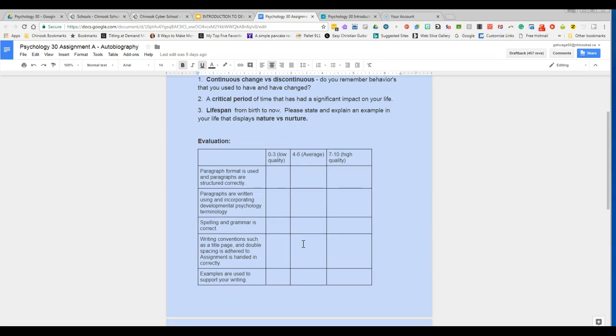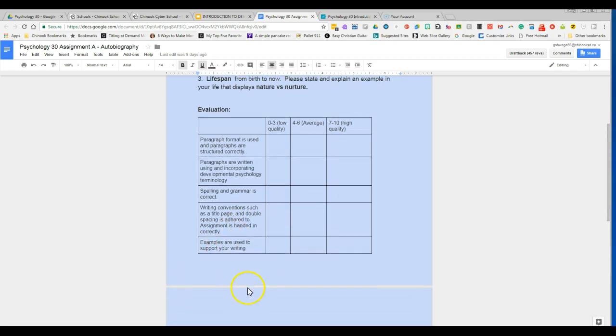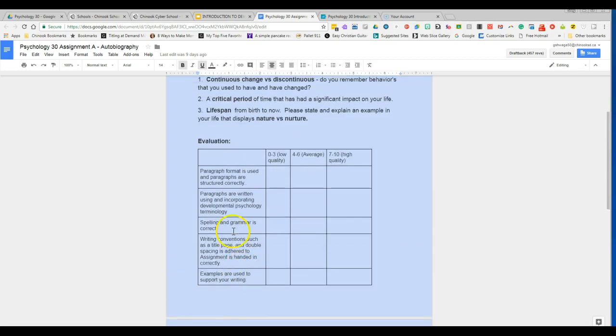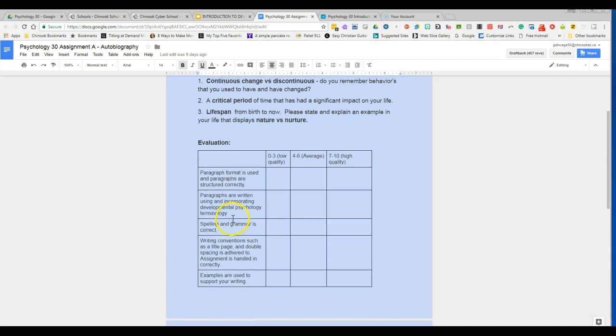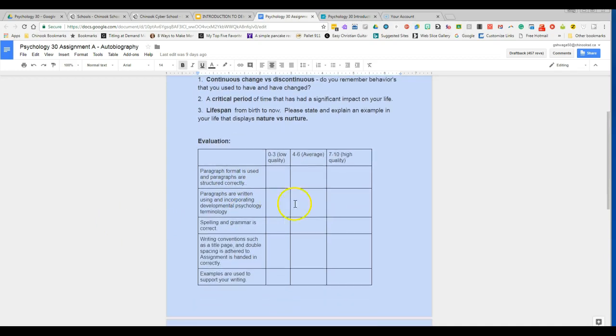So paragraph format is used, paragraphs are structured correctly, paragraphs are written using and incorporating developmental psychology terminology, spelling and grammar is correct, writing conventions, so title page, double spacing, and so on, and examples are used to support your writing. So all of this stuff is something that I would consider to be good writing at a grade 12 level, and that I would expect you to do if you're going to hit the 7 to 10 high quality range.